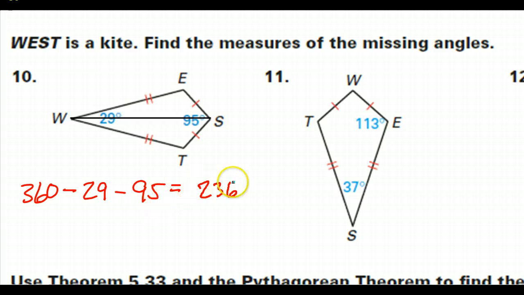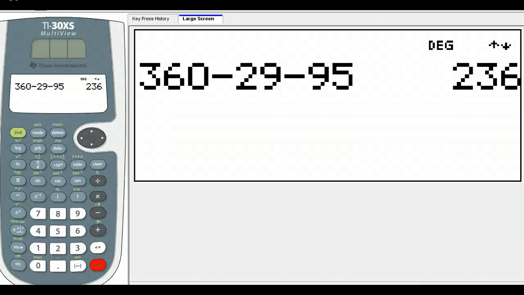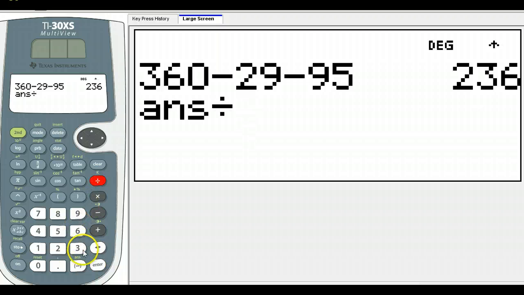Now this 236 degrees is to be shared equally between angle T here and angle E over there. Since it's got to be shared equally, we divide by 2.